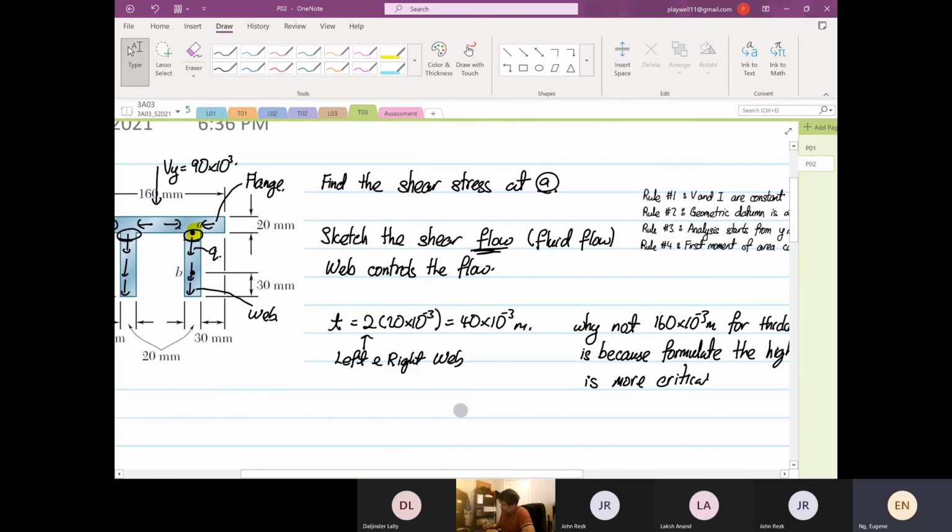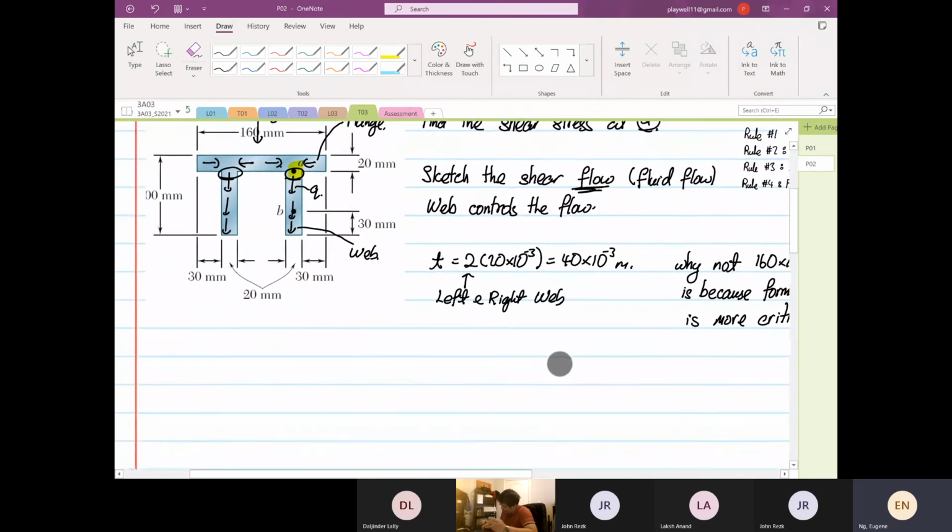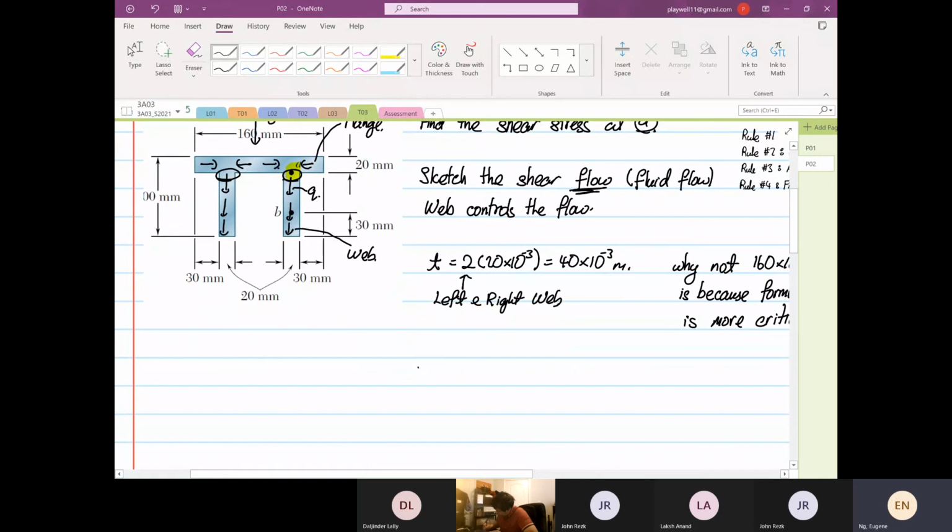So why do I pick the smaller one? If we look at the formula, which is shear xy is equal to Vy over Izz, Qz divided by t, right? If you pick 160, your shearing stress will be lower. We want to pick a higher value. It's just for this reason.